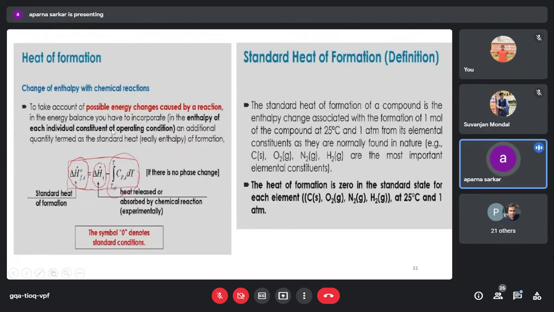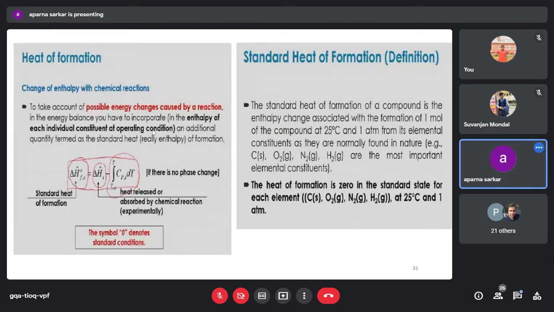This formula is applied when in a system we see a chemical reaction. Therefore, the heat can be released or absorbed. That means sometimes we have an endothermic reaction or an exothermic reaction.